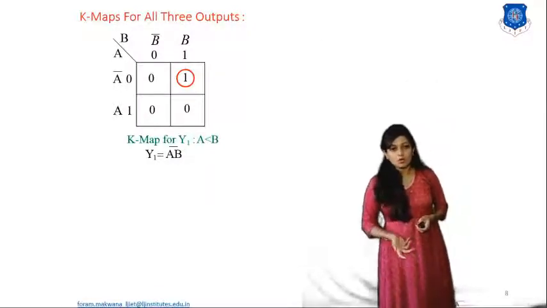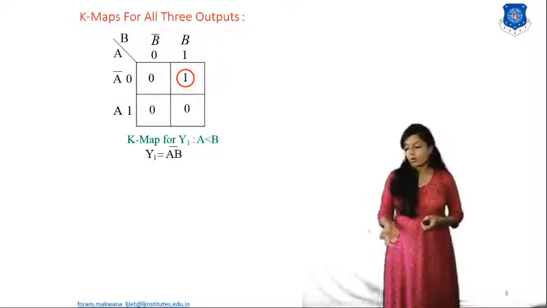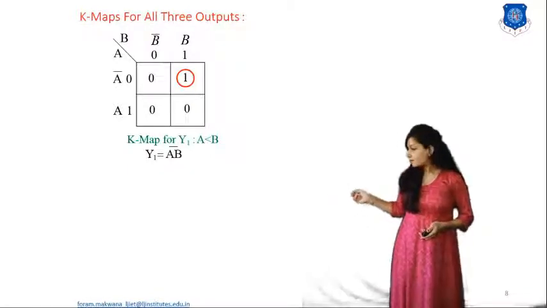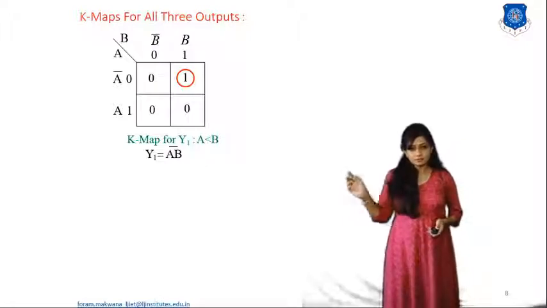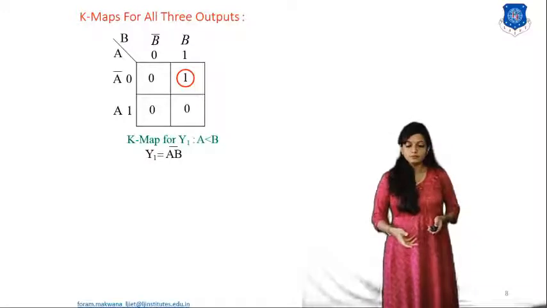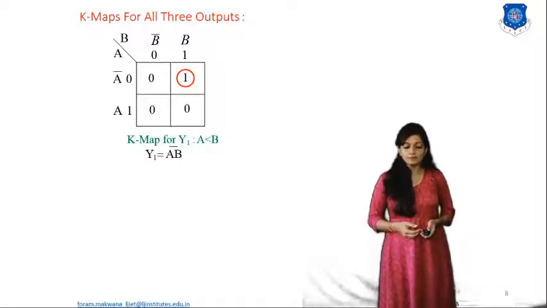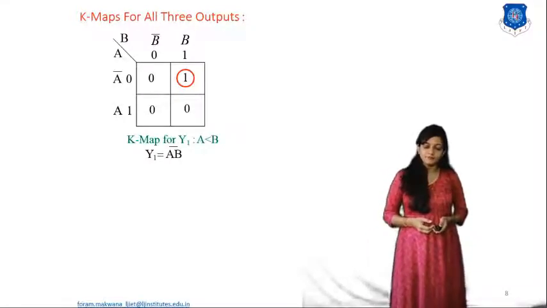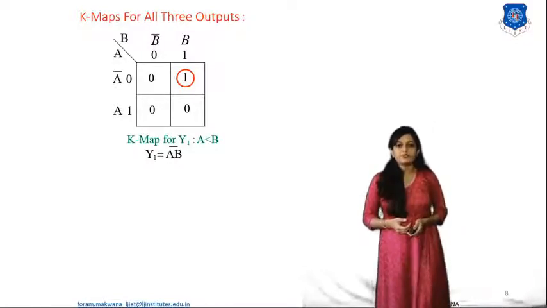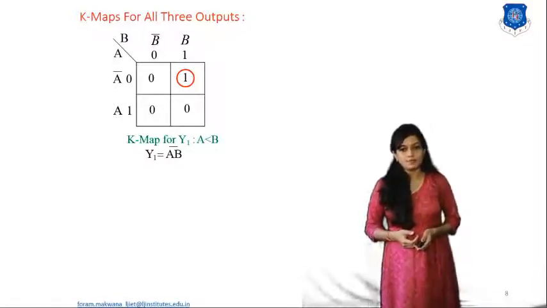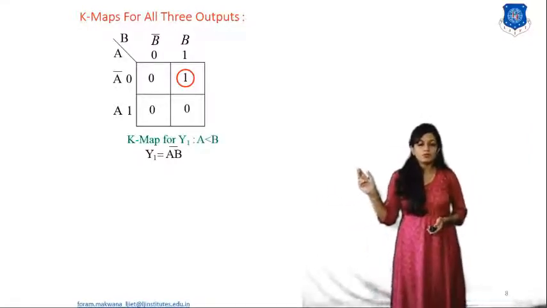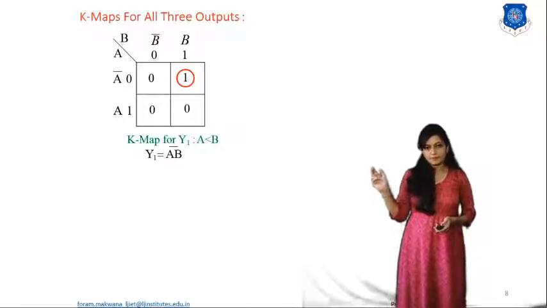Now how to draw a K-map for all three outputs. Let us take the first output Y1 and make the K-map for designing that combinational circuit. Which type of K-map can we use? As there are two inputs, we are going to use a two-variable K-map.